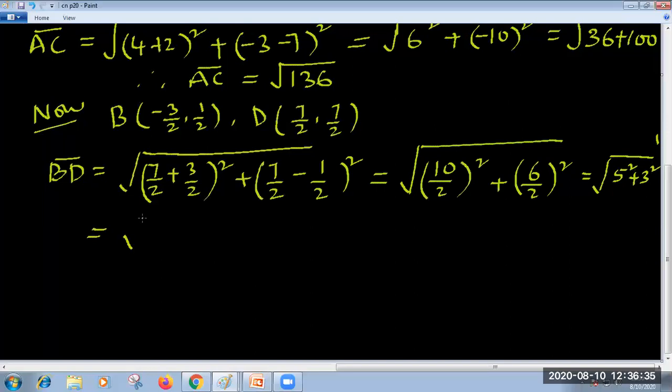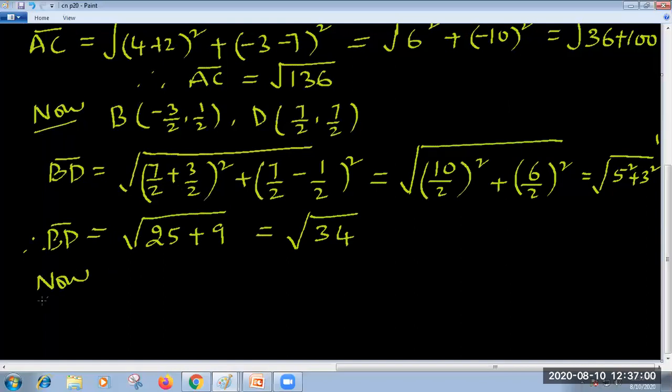That is under root, 5 square is 25, 3 square is 9, 25 plus 9, 34. So BD is under root 34. Now we have found all four sides and two diagonals.